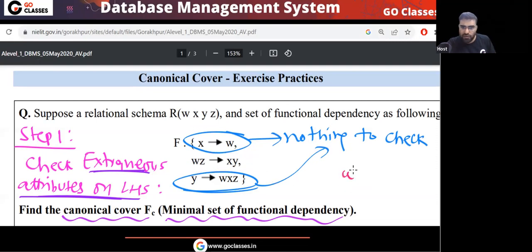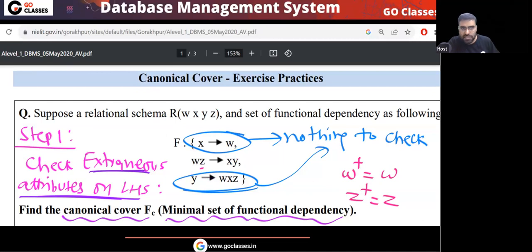Okay, so you just find what is W plus. Just find what W plus is: W. Find what Z plus is: Z. So can I say that we don't have any extraneous attribute on LHS, right? Yes or no? See, notice. This Z is not extra because W cannot determine XY.